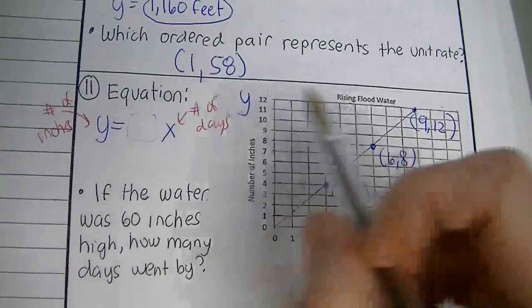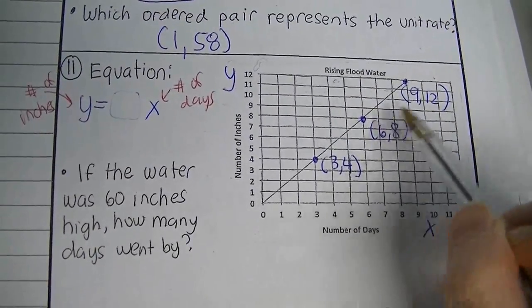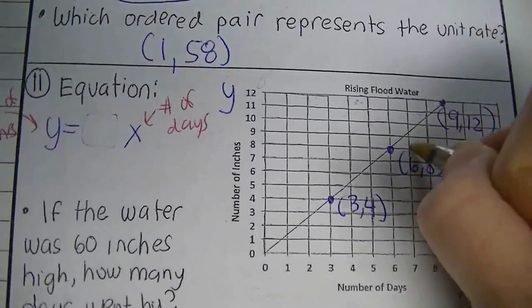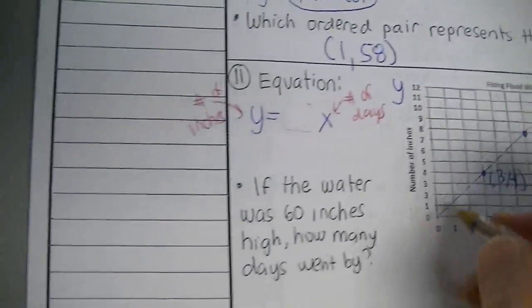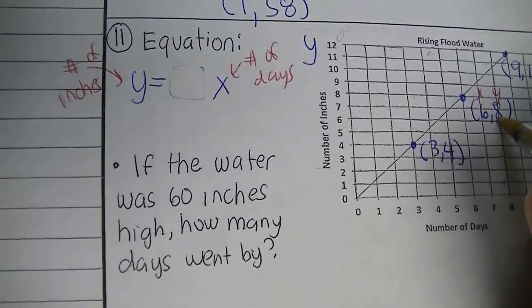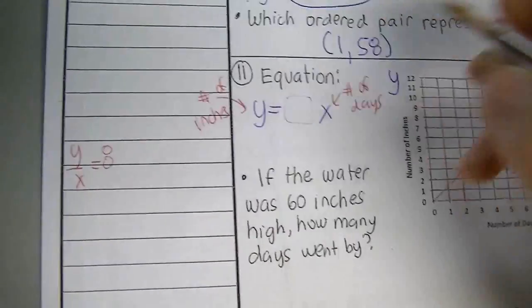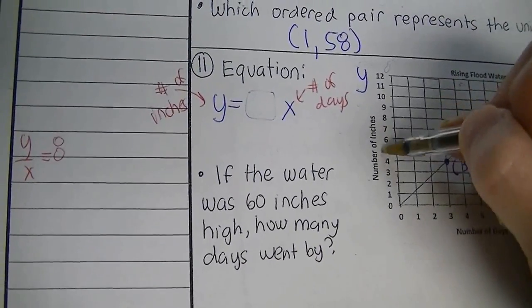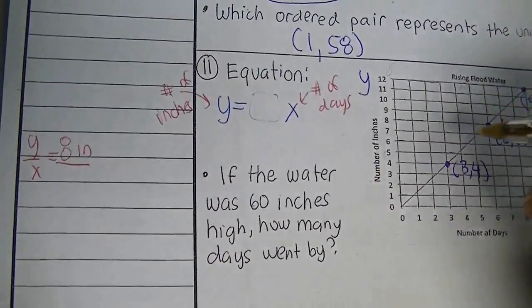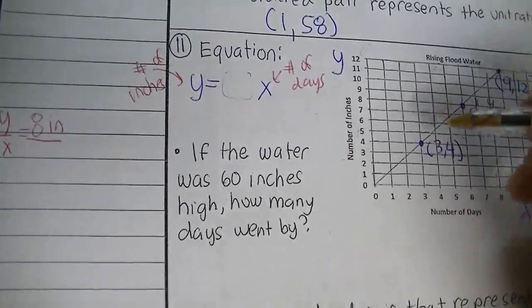Okay, let's go ahead and find the unit rate. You can pick any one of these ordered pairs you want. I don't really care. Let's go with this one, 6, 8. So to find the unit rate, we go y divided by x, 6, 8. So y is 8. And I already forgot what y represented. Oh, it's over here, number of inches, so inches. And then this value right here is x.